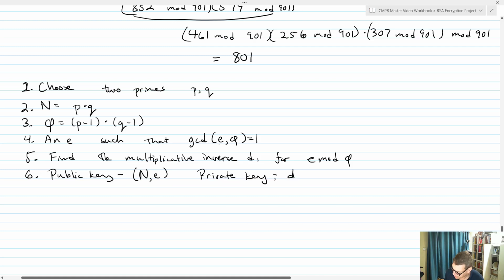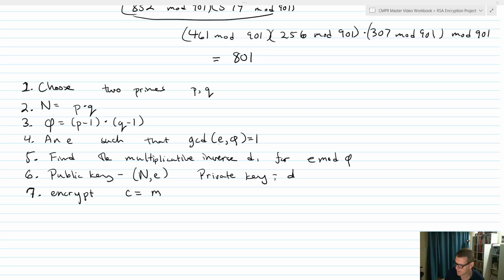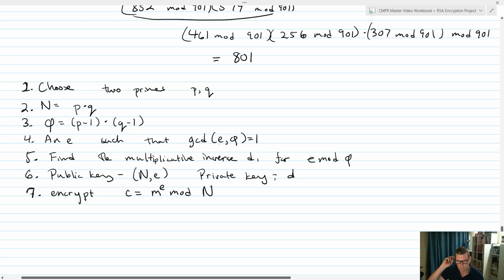Public key is N and E, private key will end up equaling D. 7, our encryption will encrypt. That'll be C equals M to the E mod N. We'll use fast exponentiation in order to actually figure out what that is, right? And then our decrypt is going to be M equals C to the D mod N. And that is RSA encryption.